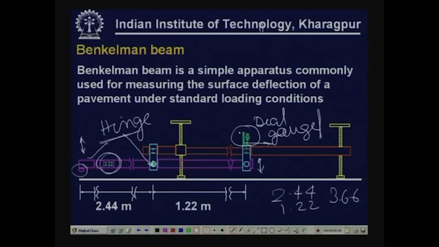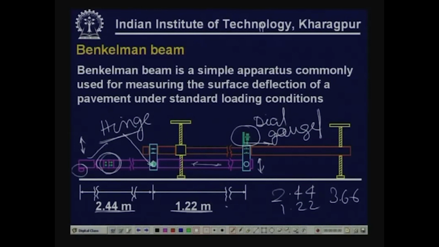So, what we are basically interested in is the movement of this beam, rather the movement of the end point, while the beam is pivoted about this hinge. As you can see, the distance from the probe point to the hinge is 2.44 meters, and from the hinge to the point at which we are measuring the deflection is about 1.22 meters.